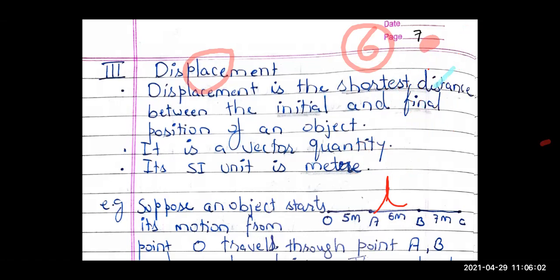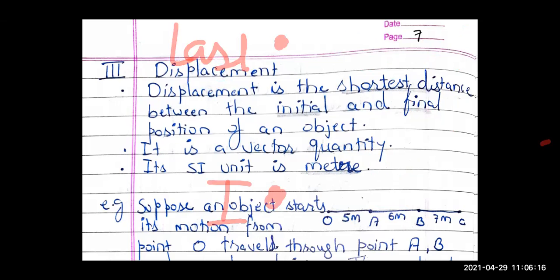For example, children, you went from the first bench to the last bench. Suppose this is your first bench and this is your last bench, right, beta? But you did not go straight. You first went in this row, you talked to a friend over here, then you went to that row, you talked to a friend here, then you talked over here, then you came back here, and then finally you go to the last bench over here, right?